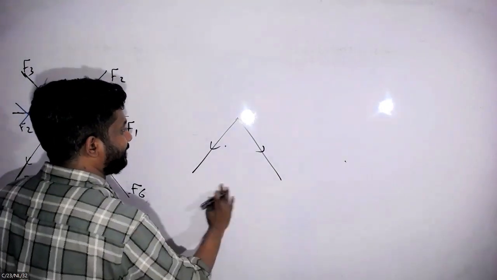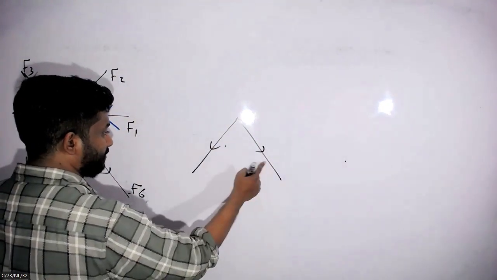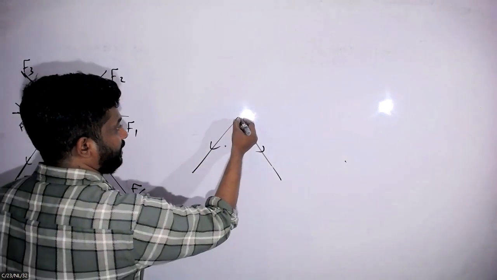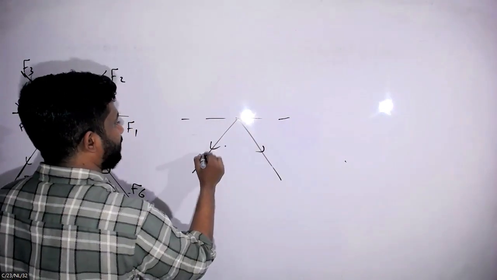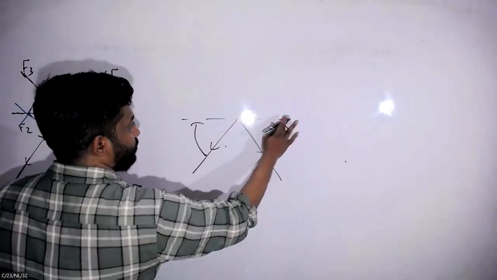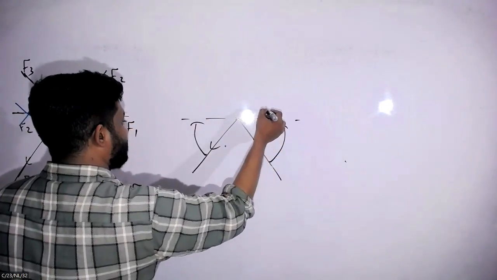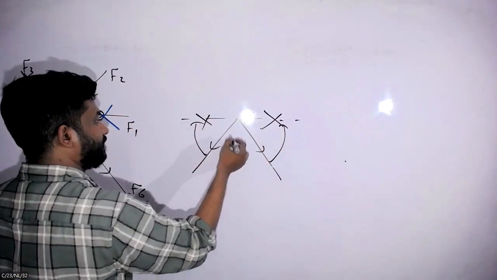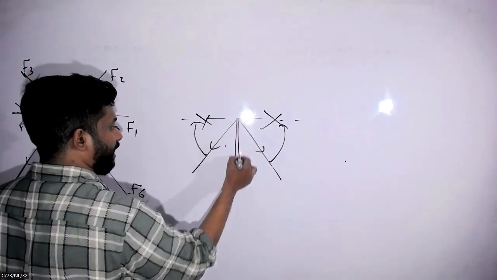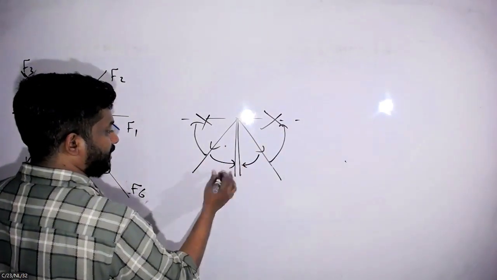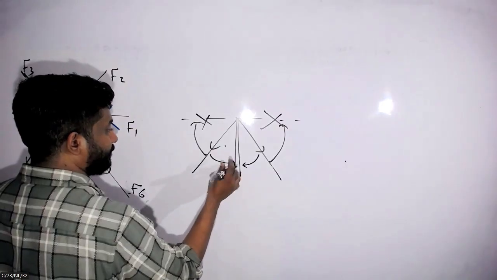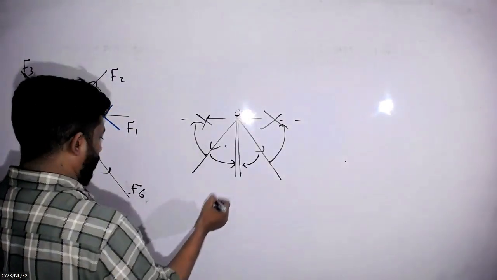Then you can consider the component of these final vectors, right? You can consider the horizontal component. Did you see? These two components are equal in length, opposite in direction, therefore they cancel out. Then from here to here, there are two components, they are vertical components, and therefore the resultant should be ODC.